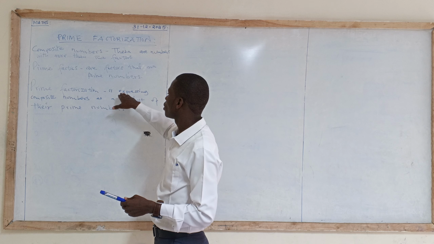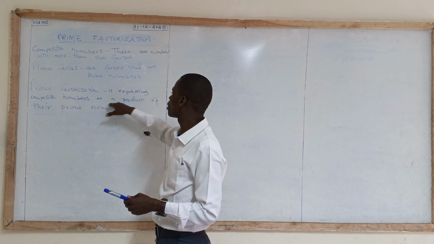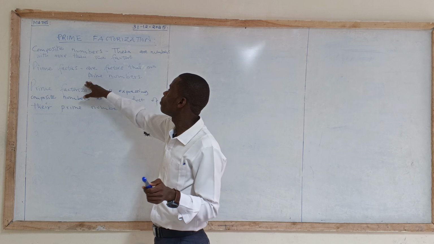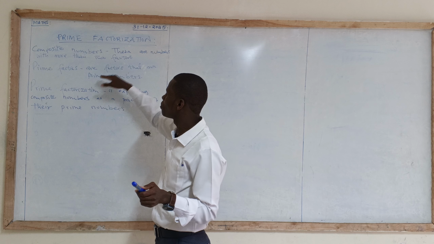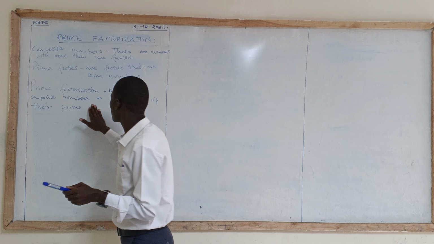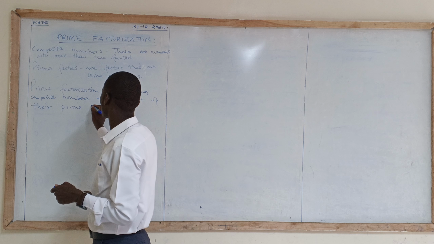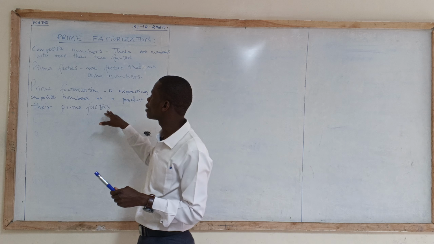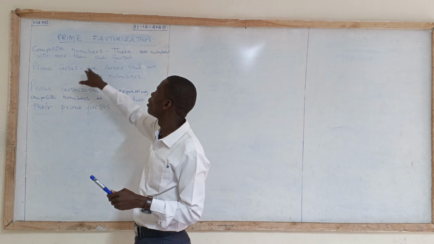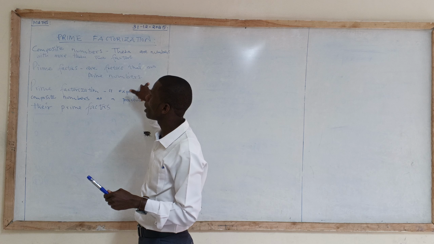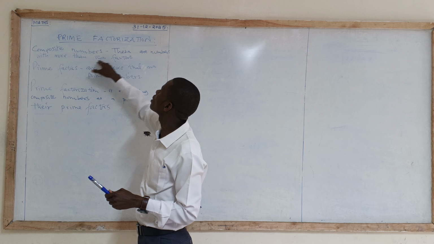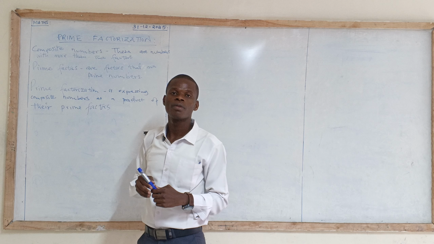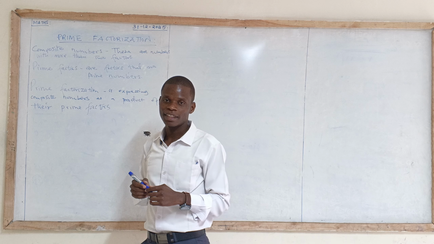So prime factorization is expressing composite numbers as a product of their prime factors, because I want us to connect with prime factors here. Prime factors are factors that are prime numbers. Then composite numbers are numbers with more than 2 factors. What don't you understand?